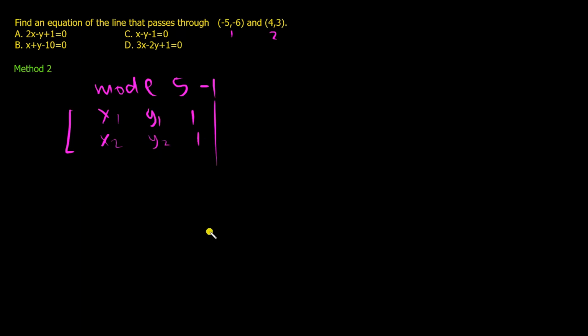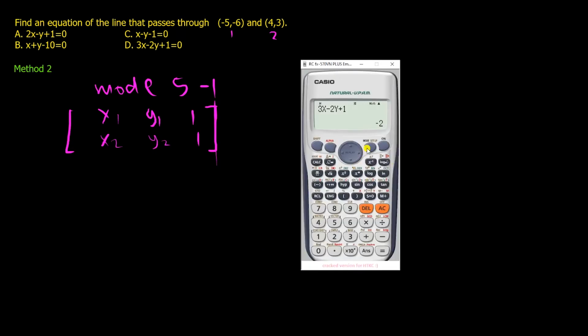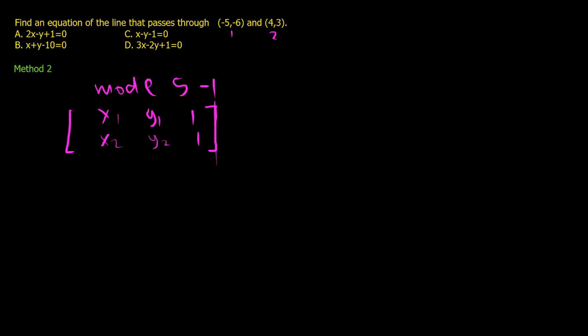So, let's input: mode 5.1, negative 5, negative 6, 1, 4, 3, 1, equal. The answers are 1 and negative 1.